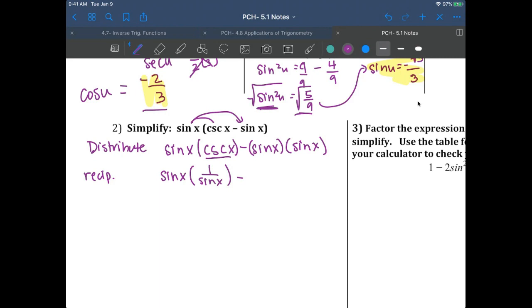And then sine times sine would be sine squared x. So sine over 1 times sine x over 1 times 1 over sine x, those cancel to give me a 1. So I get 1 minus sine squared x. And then I'm going to use my Pythagorean identities to rewrite 1 minus sine squared x as cosine squared x. And that is a lot nicer than the original.